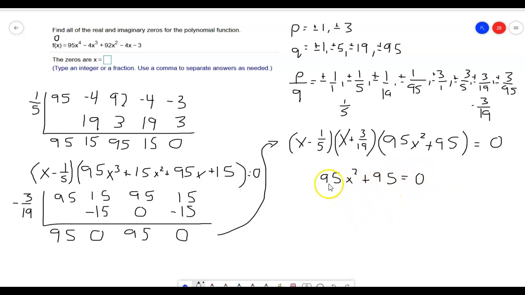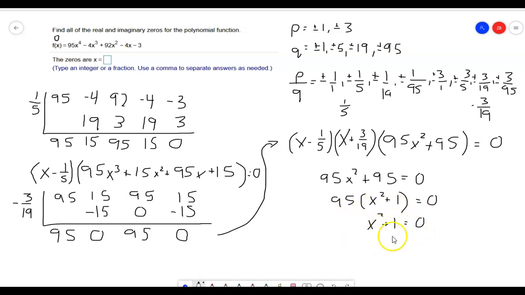The first thing I notice is that it has a common factor of 95. So I'm going to go ahead and pull that out. So 95 times x squared plus 1 is equal to 0. So I can just set this by itself equal to 0. So x squared plus 1 is equal to 0 because it's its own factor.